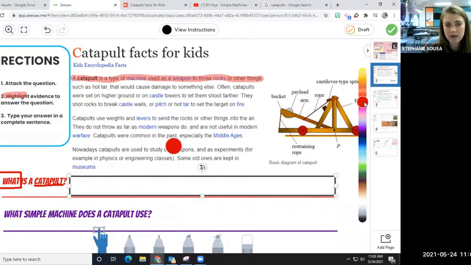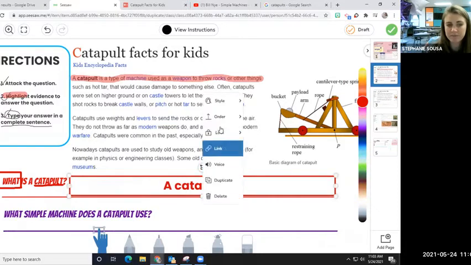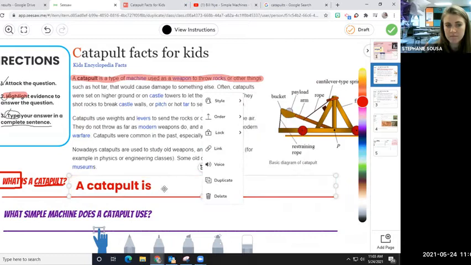Let's write our answer. Look at number 3. It says, type your answer. Do you see that type? In a complete sentence. Our question is, what is a catapult? Our answer is, a catapult is. And we're going to finish that sentence. Okay.